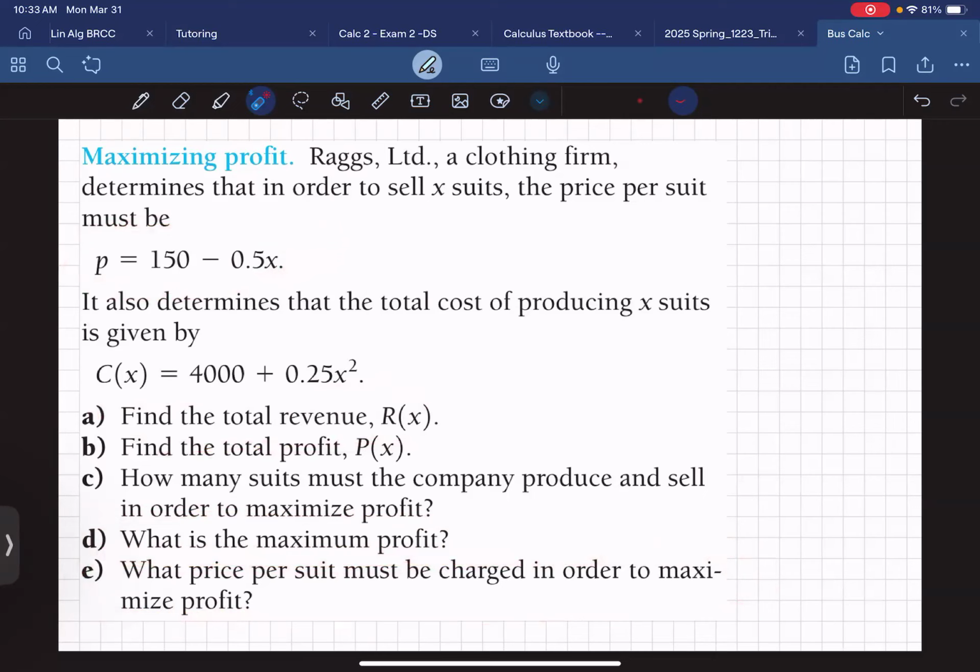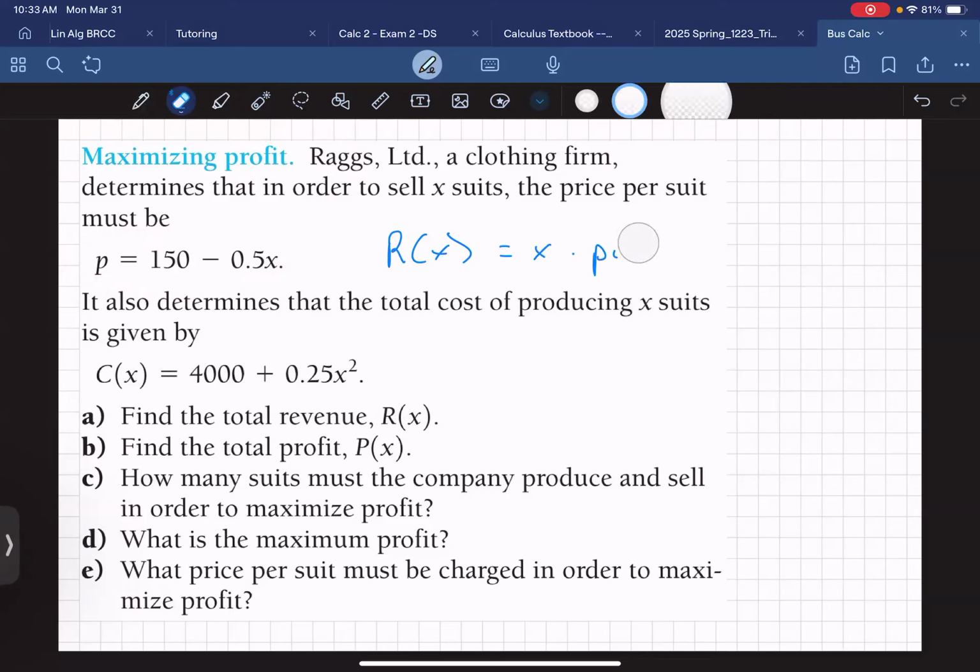So how do we find a revenue function when it doesn't give me one? Well, if this is going to set the price that you are going to be selling the suits for, then all you need to determine is how many suits you sold at that price. So make sure you see here, if you're given a price function, the revenue function will always be X times whatever the price function is.